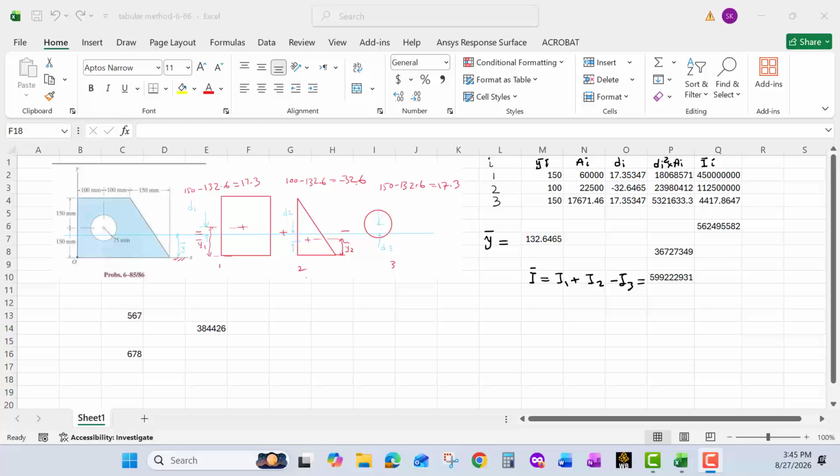Today I'm going to demonstrate how the second moment of area for a section can be calculated using the tabular method and using Excel.